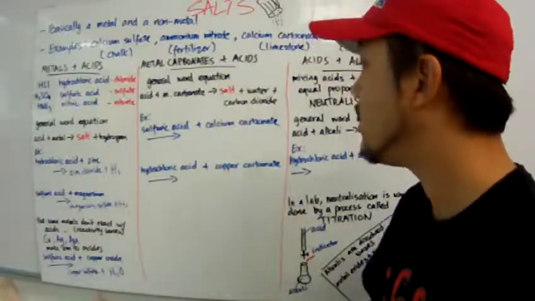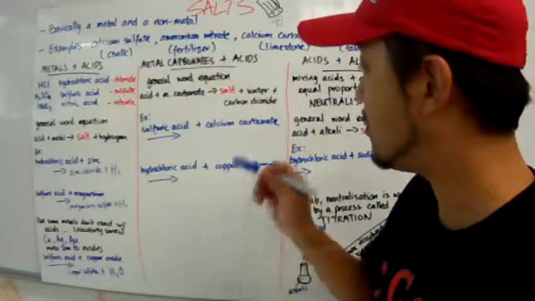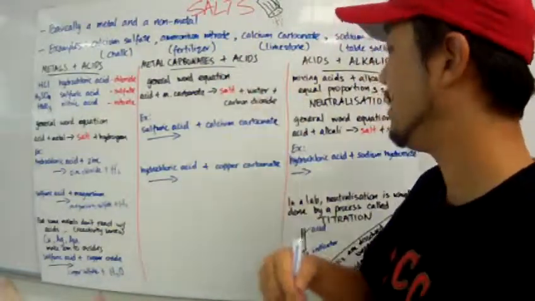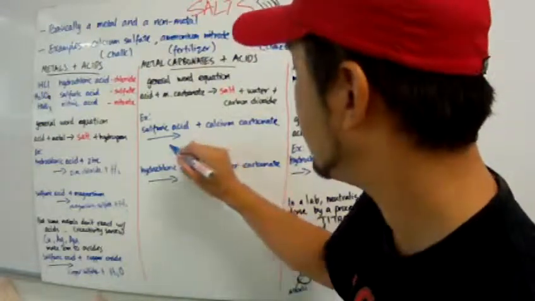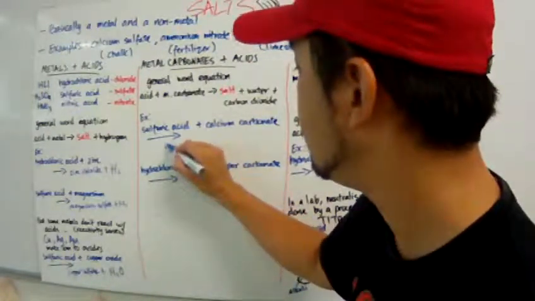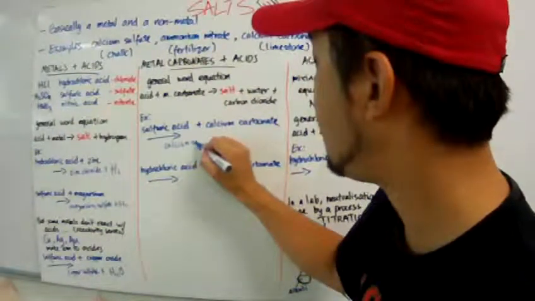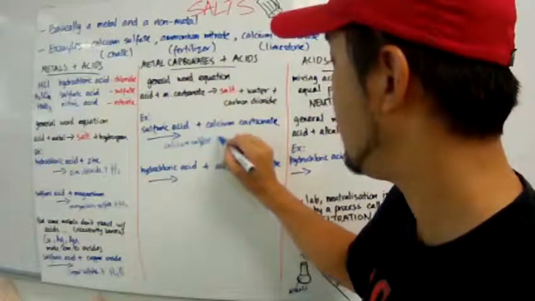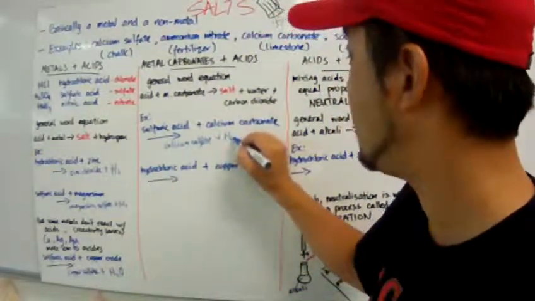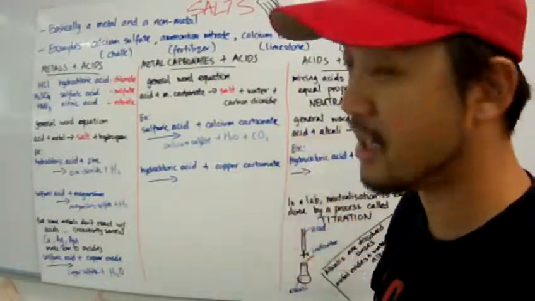Anyway, here are two examples: sulfuric acid and calcium carbonate. Ooh, limestone. So when we put them together, we'll get calcium sulfate, right? Because it's from sulfuric acid, plus water, plus carbon dioxide.